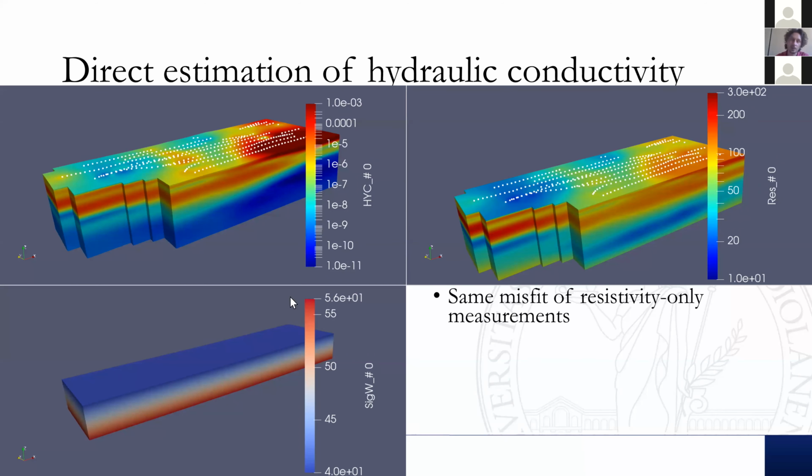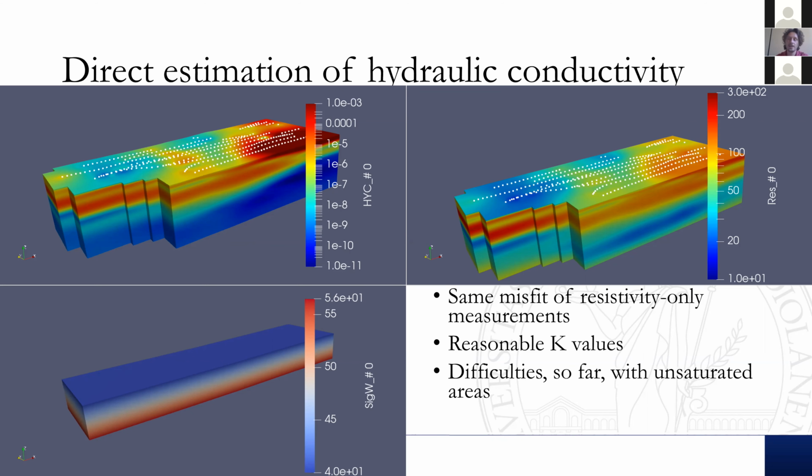And actually in this inversion, we use something like 7 petrophysical relations. So it's not so obvious that using so many petrophysical relations, we're still able to fit the data well. We get reasonable K values comparable to the ones we have in close boreholes in terms of slug tests or pumping tests.